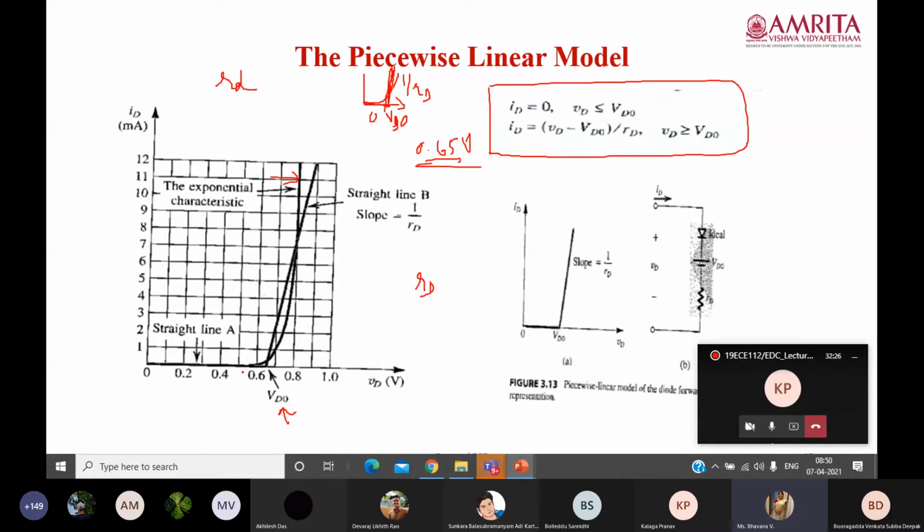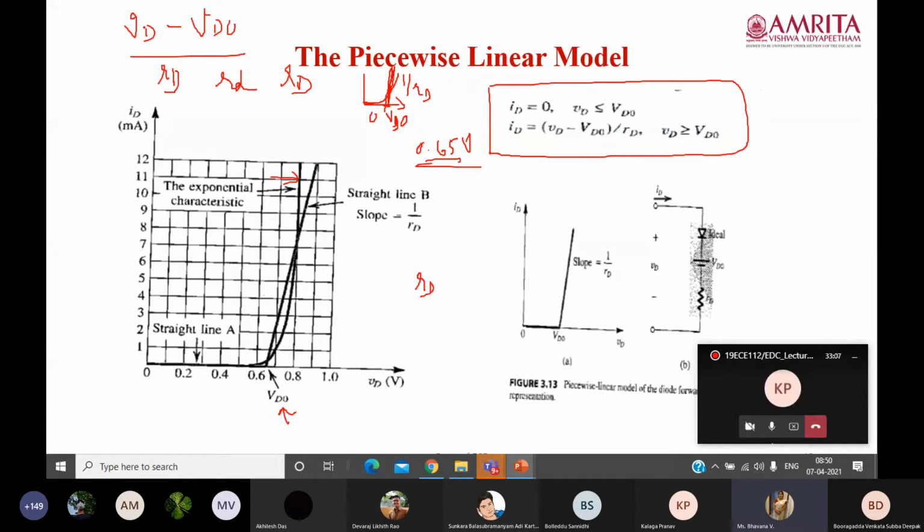Till what point is the current 0? Till 0.65 volt, that is till VD0. That is, ID equal to 0 for VD less than or equal to VD0. And for VD greater than VD0, the diode has an intercept VD0 and a slope 1 by rD, so the current is (VD minus VD0) by rD.